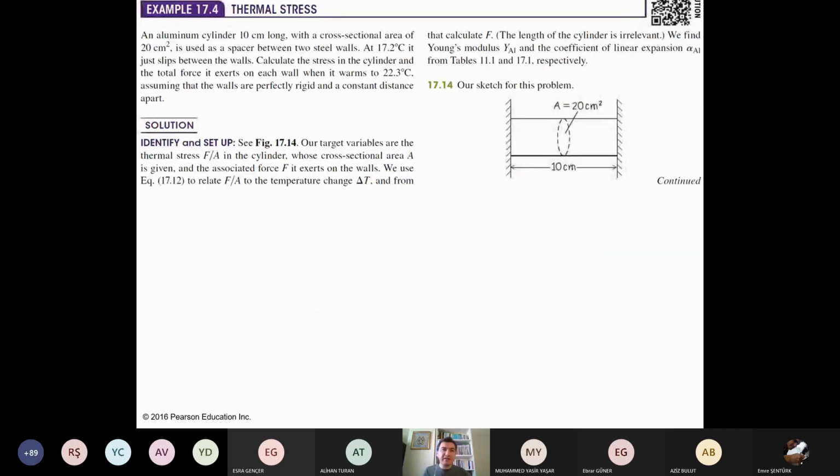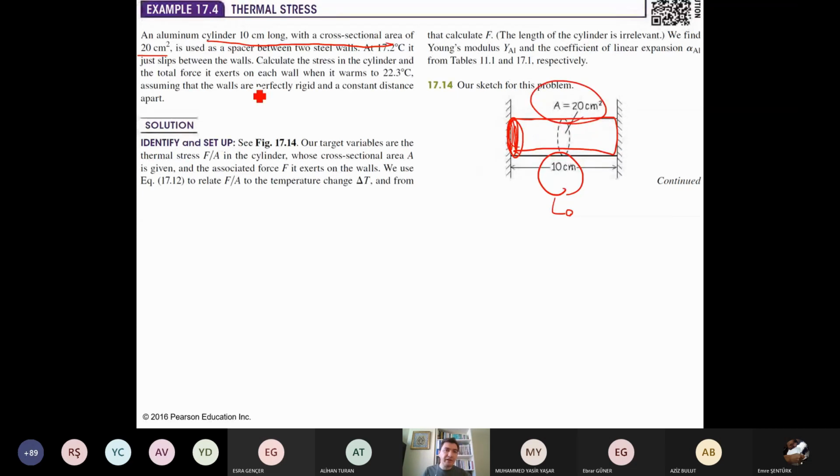So let me discuss an example here. An aluminum cylinder, 10 centimeter long, with a cross-sectional area of 20 square centimeter. Here we have an aluminum rod. Okay, initial length is 10 centimeter, and the cross-sectional area is given, 20 square centimeter.